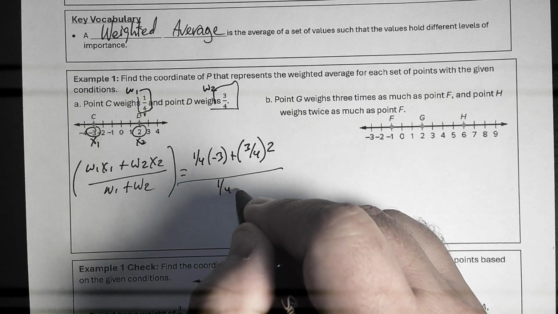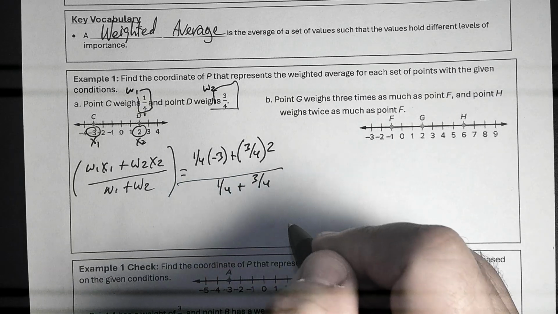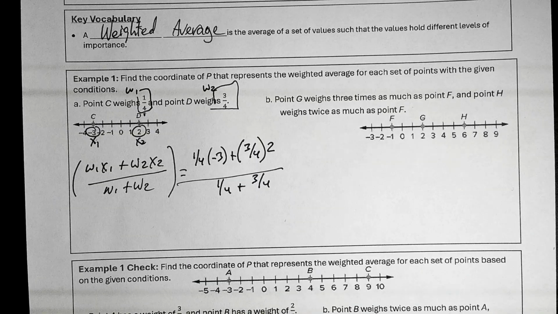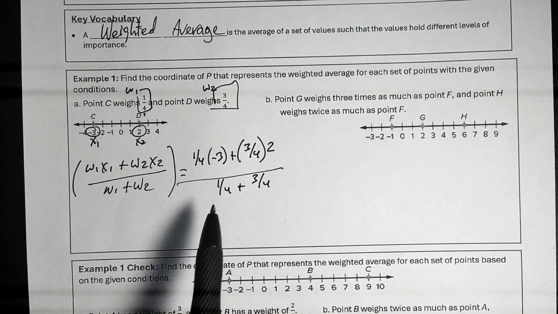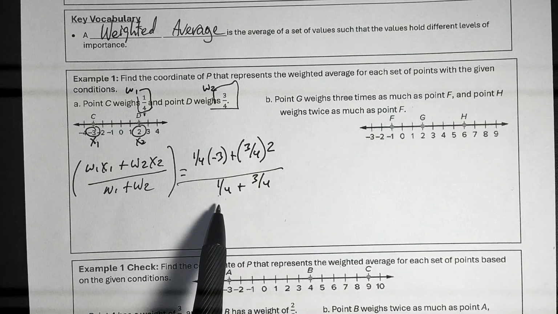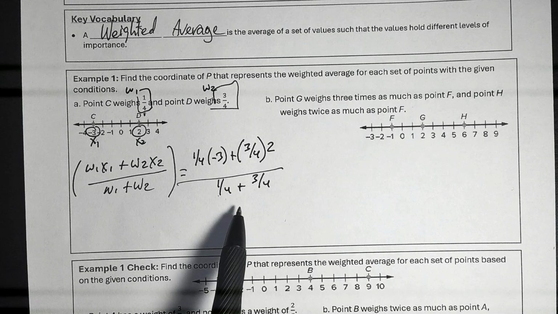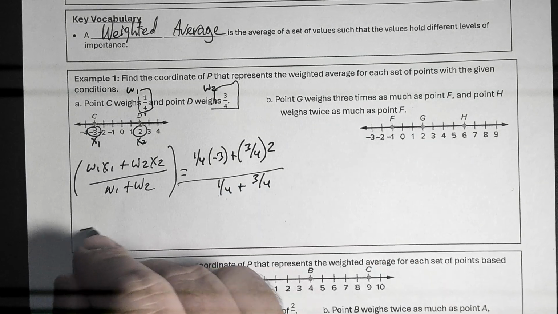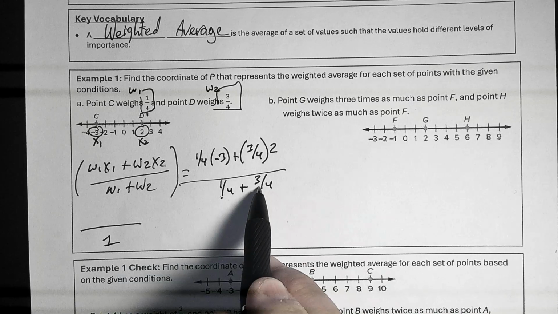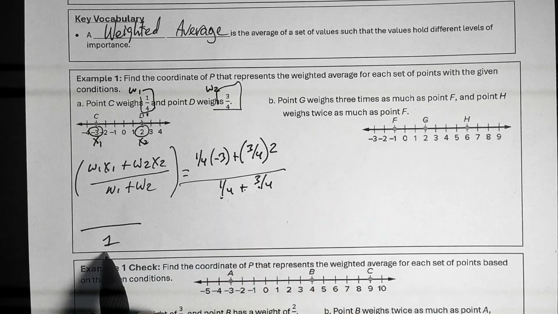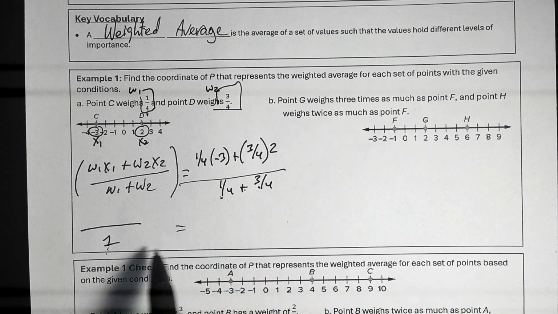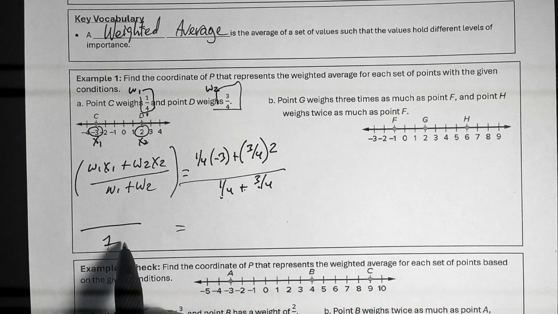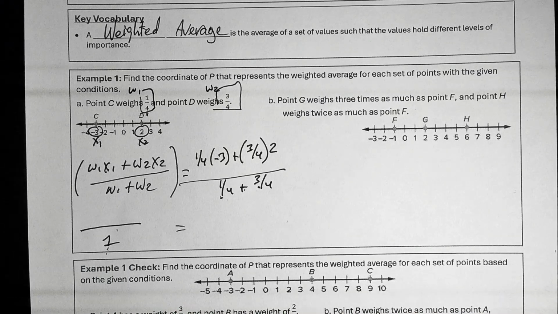And notice, weight 1 is 1/4, weight 2 is 3/4. So 1/4 plus 3/4 makes 4/4, and 4/4 is the same as 1. So when I write this over here, the fraction's going to go away because anything over 1 is understood, but I'm writing it for the purpose of making sure we follow.